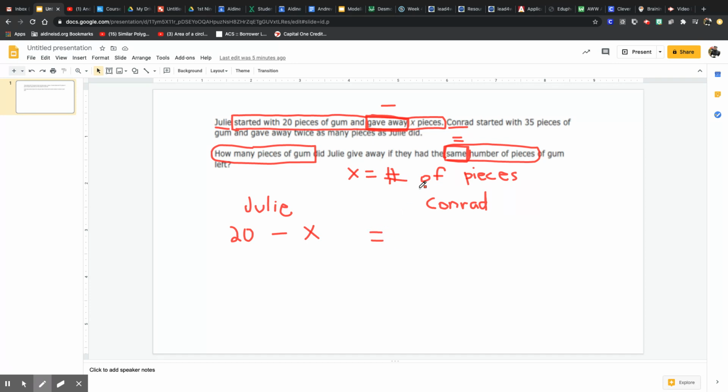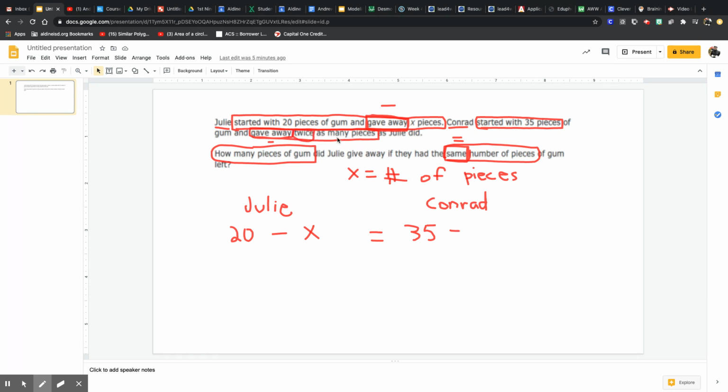Now let's see what it says about Conrad. Conrad started with 35 pieces, so he starts with 35 instead of 20. And then he gave away twice as many pieces. Again, he gave away, so I know that's minus. And then that word twice.